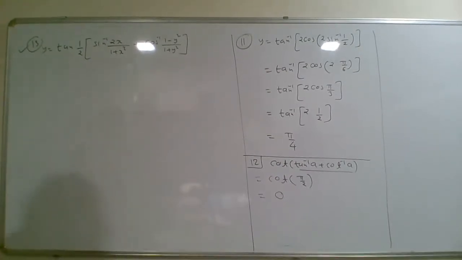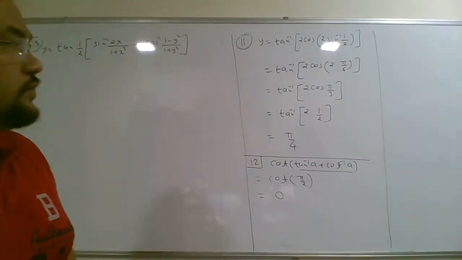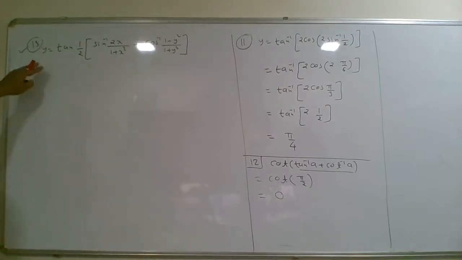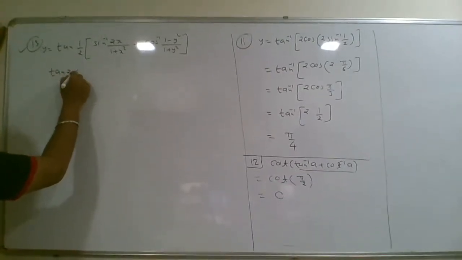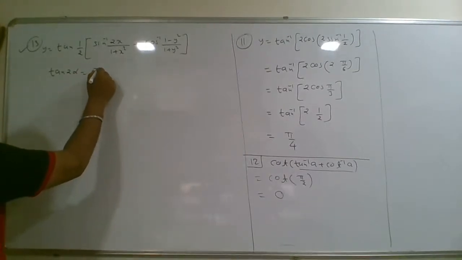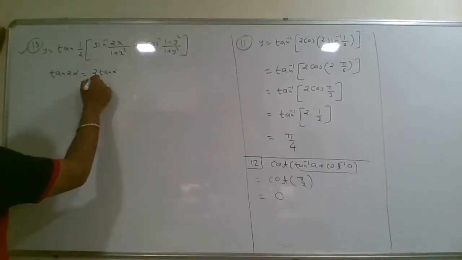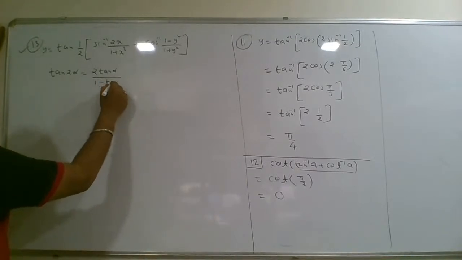Suppose the question equal to tan of 1 by 2 something. So what is the formula of tan 2 alpha? It is 2 tan alpha upon 1 minus tan square alpha.